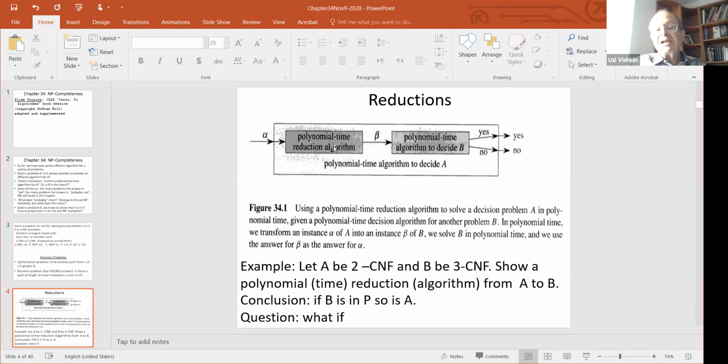So this is definitely a correct reduction because every input that should have satisfied A will go to an input that should satisfy B. And now, to the extent that you will be able to give me a polynomial time algorithm for B, you have an overall polynomial time algorithm for A as well.